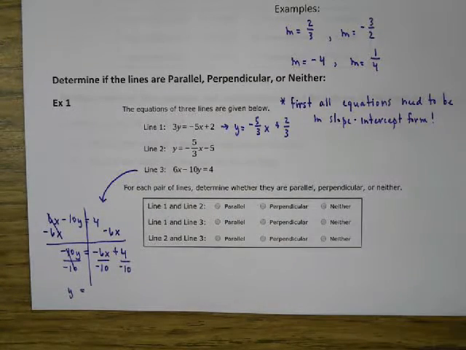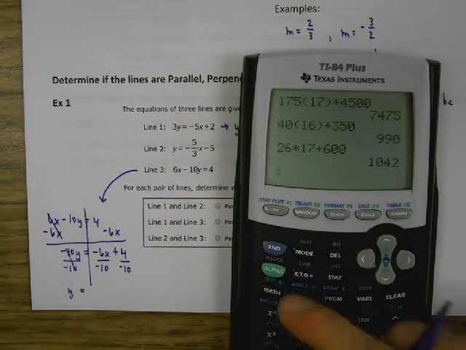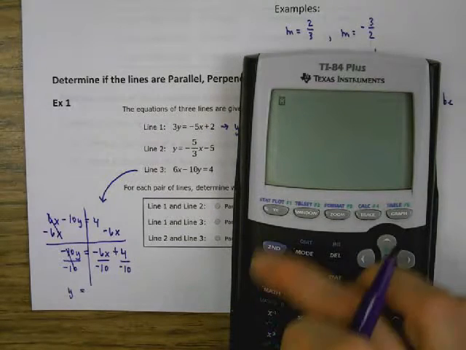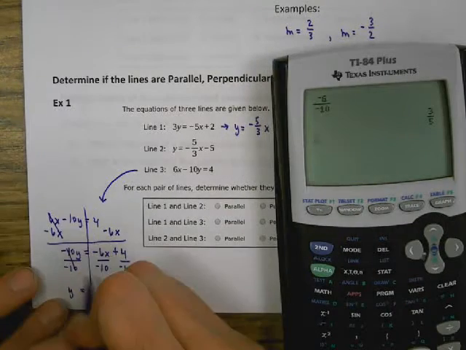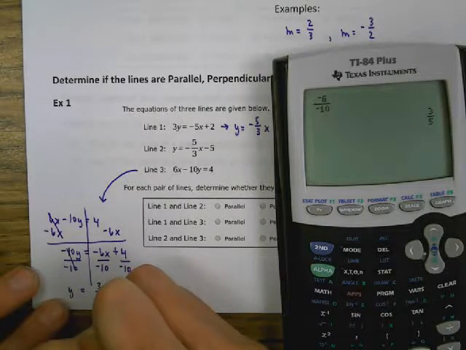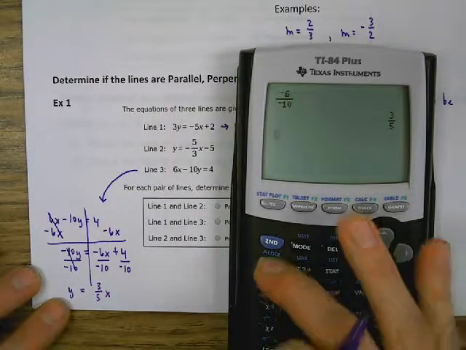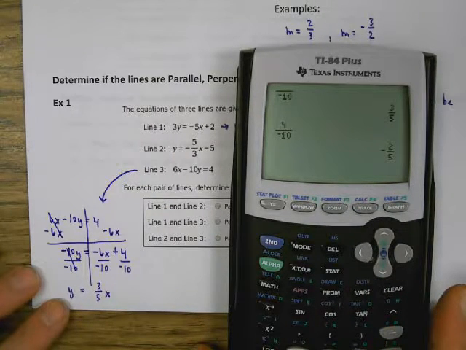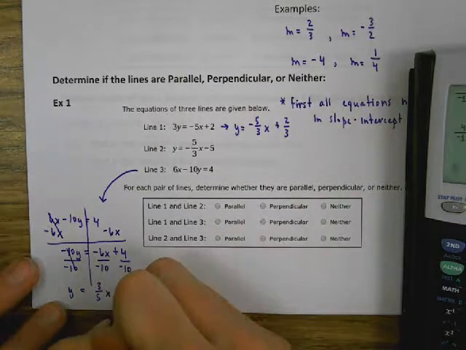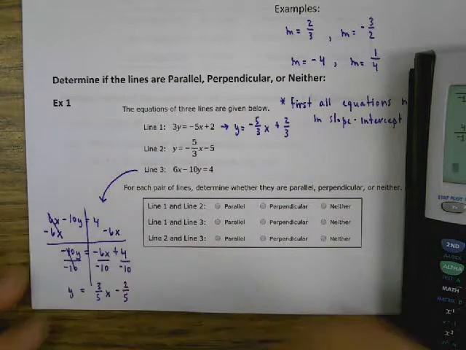Now, 6/10, let's see if we can reduce that. I know we can, but let's go ahead and do that. So I have -6/-10, which gives me a positive 3/5. And then let's go ahead and reduce this as well. I have 4 over negative 10, and I get negative 2/5. So y equals 3/5 x minus 2/5.